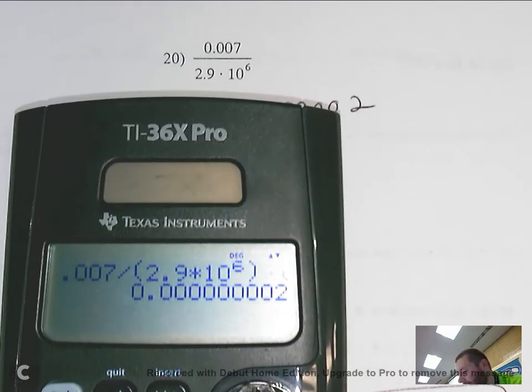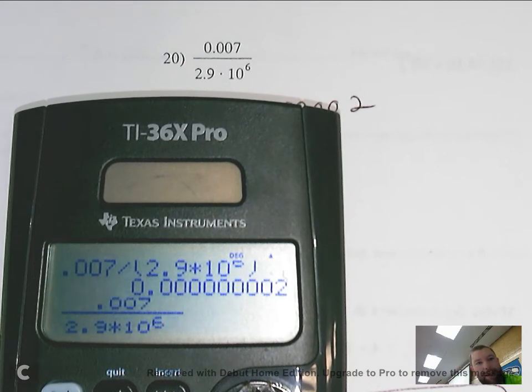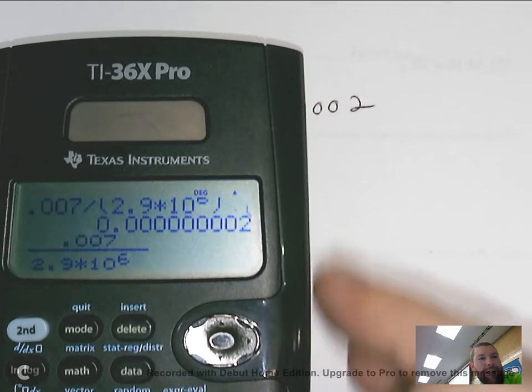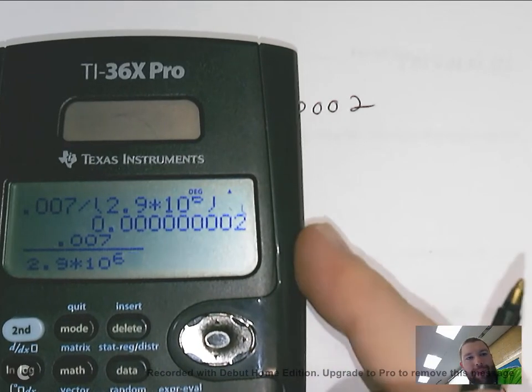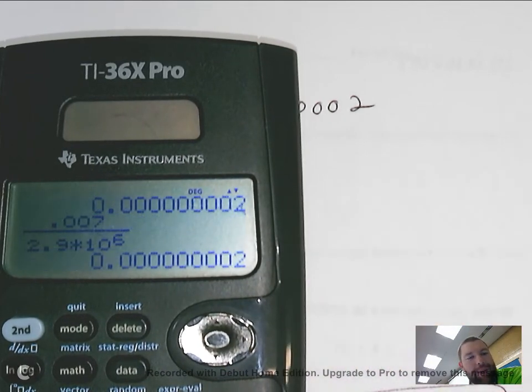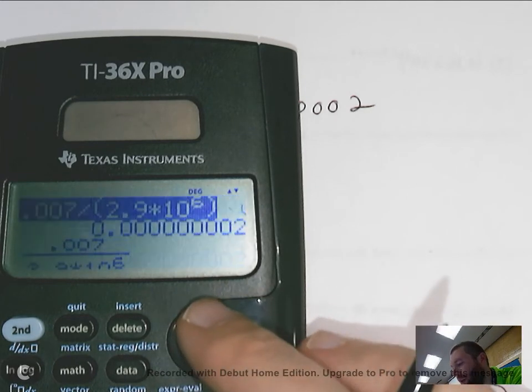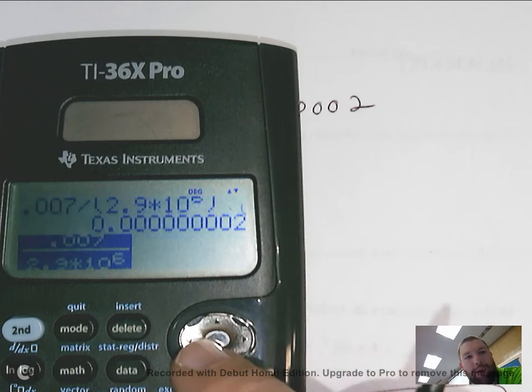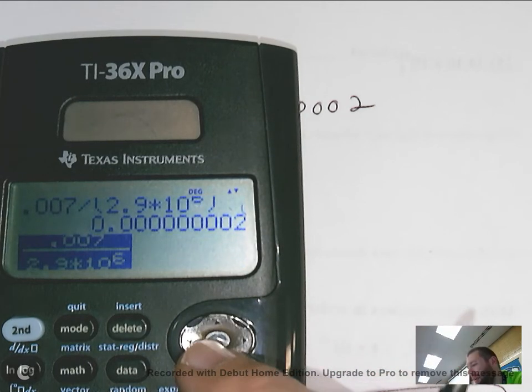So if I do 0.007 fraction 2.9 times 10 to the 6, I don't have to use the parenthesis, because it recognizes that it's being divided by both when I do it that way. And you'll notice I get the same answer. So whichever way is easier for you, you can use the parenthesis and the division symbol, or you can use the fraction button. Either way, same thing.